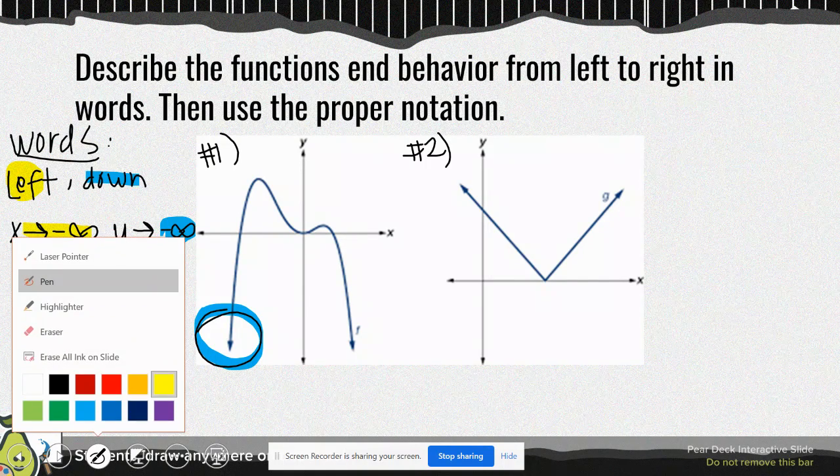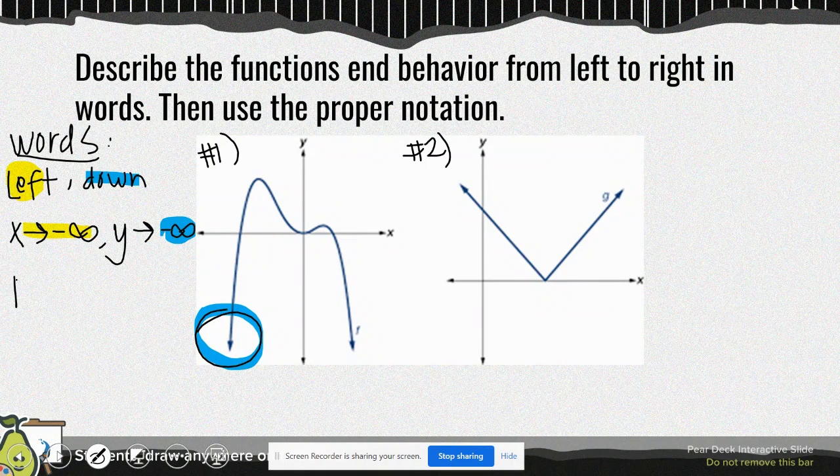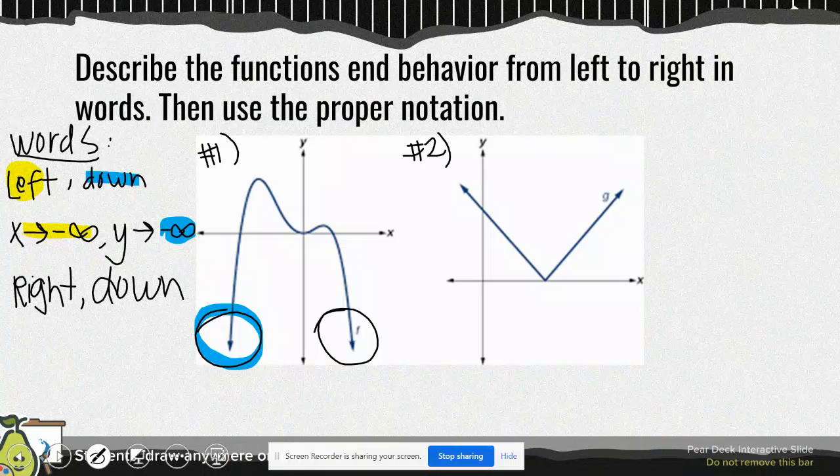And if I were to describe the right end behavior, on the right, my function is also pointing down. So to use the proper notation, I'm going to say that as x approaches positive infinity, my function is pointing down towards negative infinity.